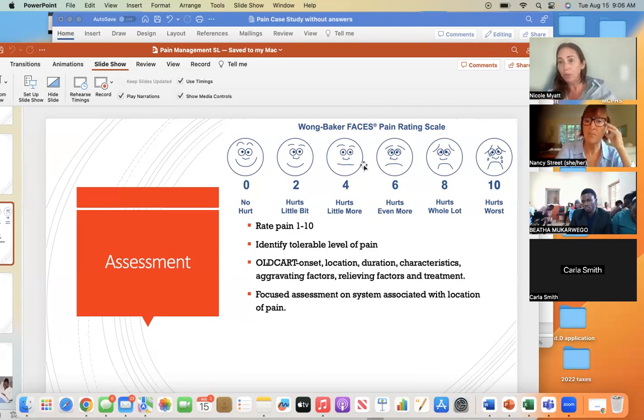But it's true that if the pain is between 7 and 10, give 10 milligrams of oxycodone. If it's between 4 and 6, give 5 milligrams. And if it's between 3 and 6, then try Tylenol or hot and cold or some non-pharmacological intervention. Does that make sense? Yeah.